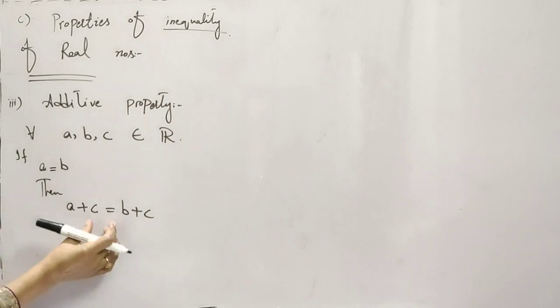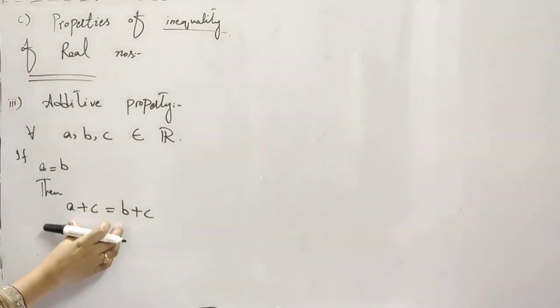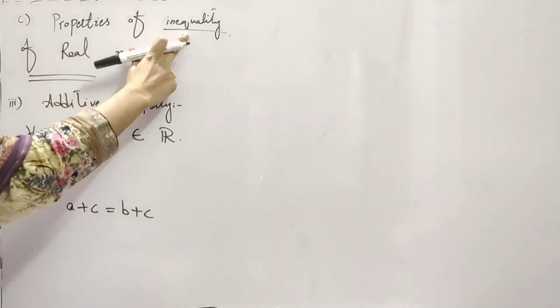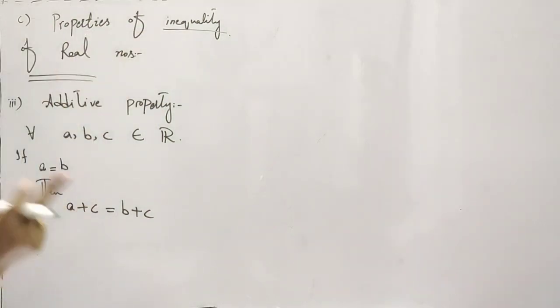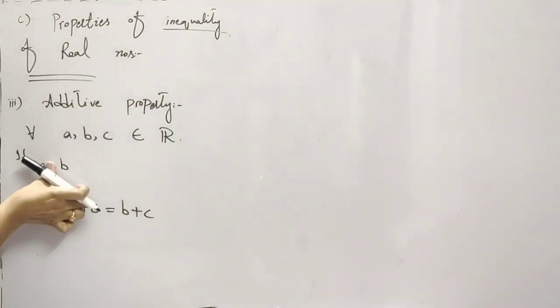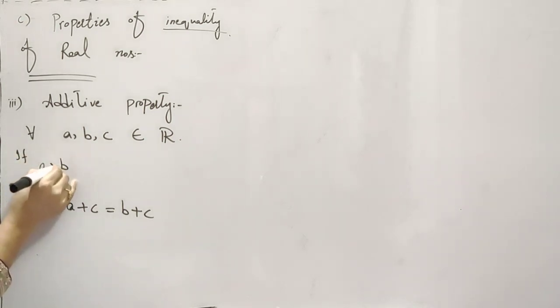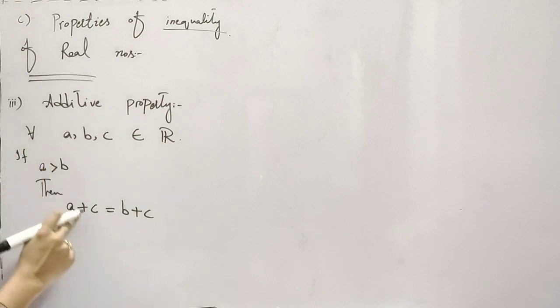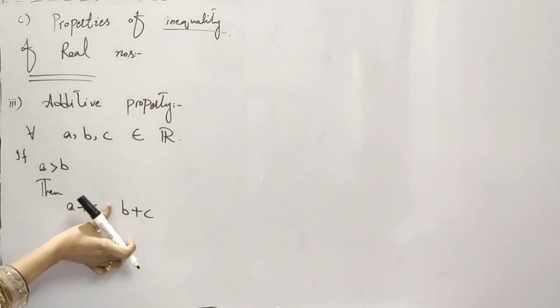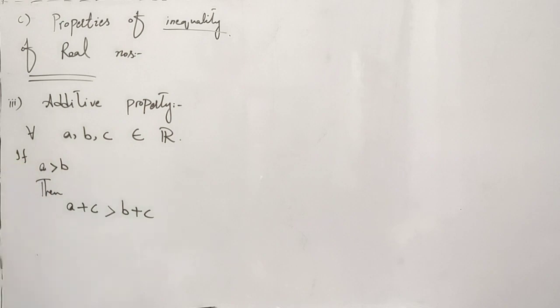This is the equality property. Now we learn about the inequality of real numbers. This is very simple, because instead of a equal to b, now we have a greater than b, then a plus c is greater than b plus c.